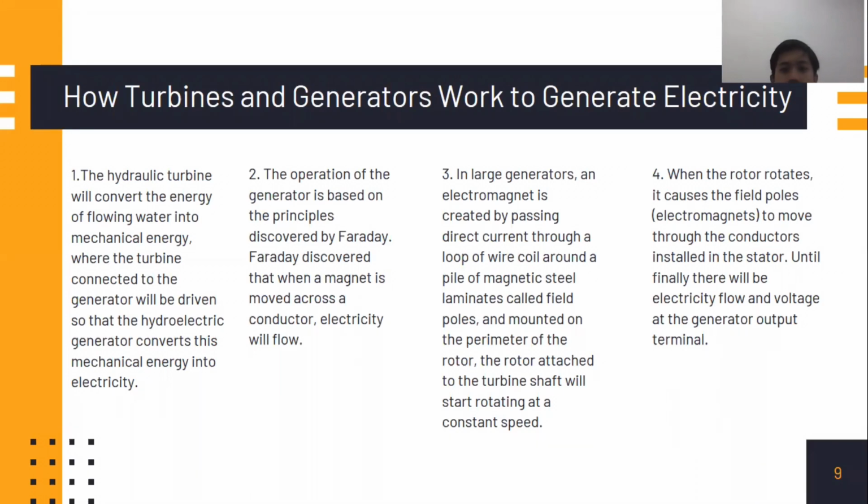The rotor attached to the turbine shaft will start rotating at a constant speed. When the rotor rotates, it causes the electromagnetic field pulse to move through the conductor installed in the stator, until finally there will be electricity flow and voltage at the generator output terminal.